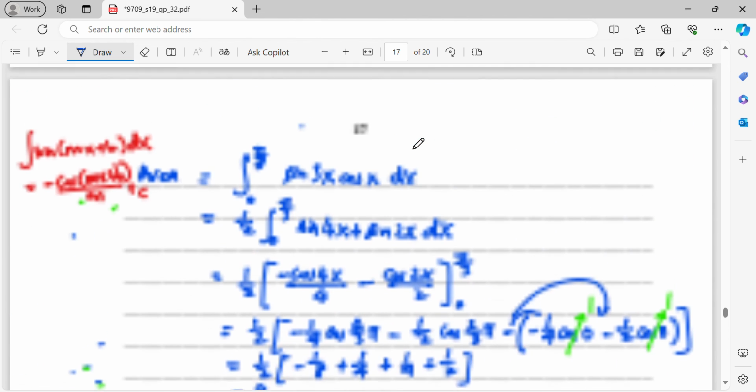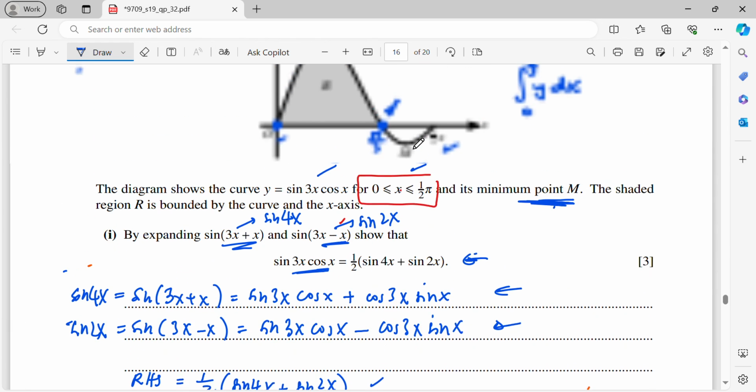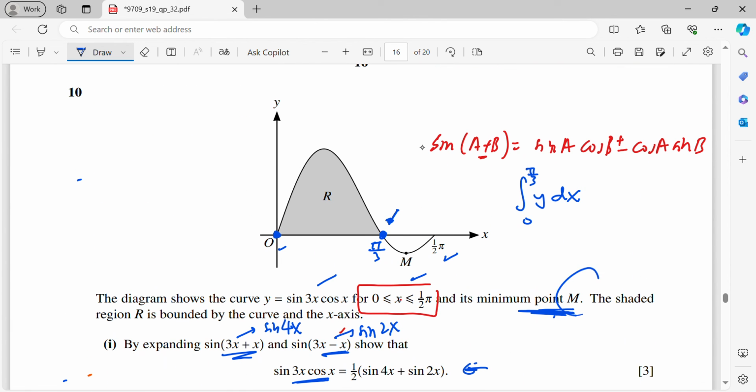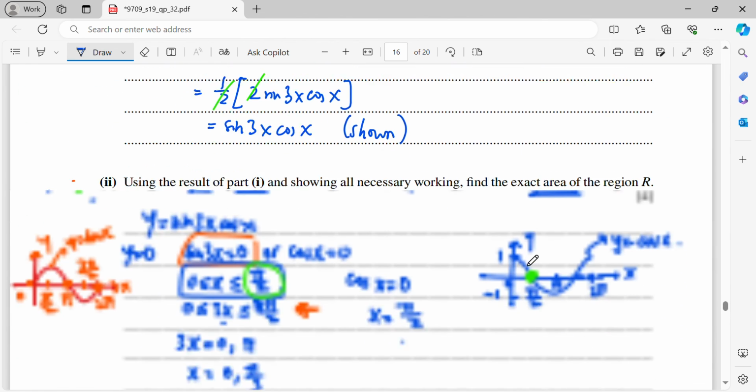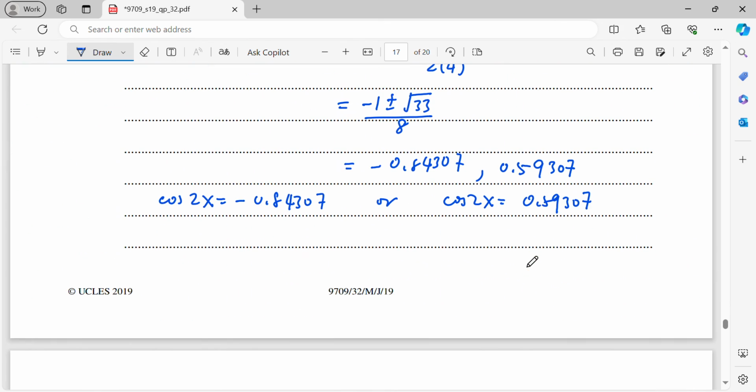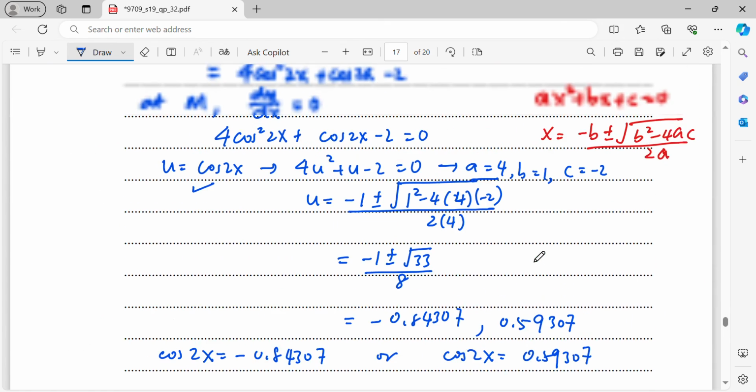Okay, now when you look at the graph here, we know that our M is between pi over 3 and pi over 2. So that's why I need to find out what is my proper M. And then we need to solve these two equations.